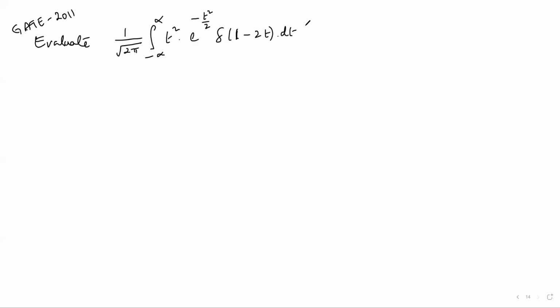Evaluate this expression by using impulse signal properties, all of you, and then verify which is the right option. I'll give the options also here. Option A has given 1 by 4 root 2 pi e to the power of minus 1 by 8. Option B has given 1 by 8 root 2 pi e to the power of minus 1 by 4.